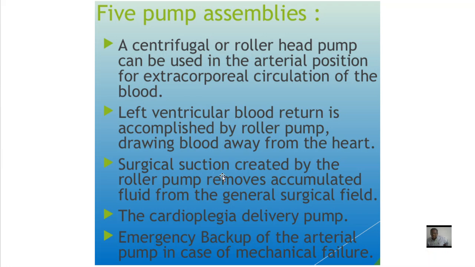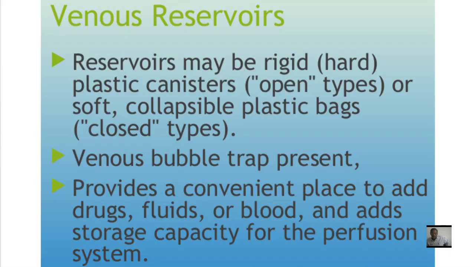Surgical suction created by a roller pump removes accumulated fluid from the general surgical field. Another is the cardioplegia delivery pump. And there is an emergency backup of the arterial pump in case of mechanical failure. These are the five pump assemblies.